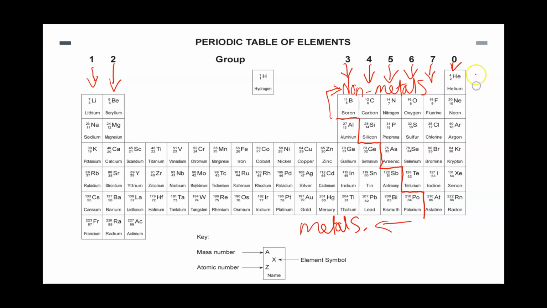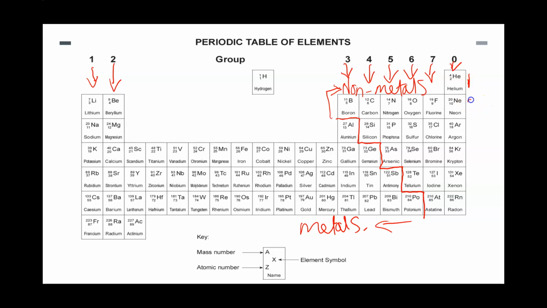A mistake that people make is they start numbering their periods from this side and forget about hydrogen and helium. If you say that's your first period, that's wrong, because that's actually your second period. The only elements in period 1 are hydrogen and helium.